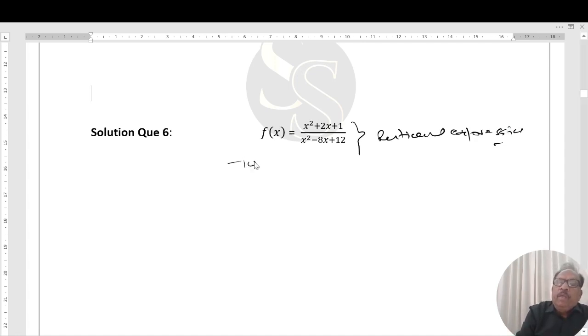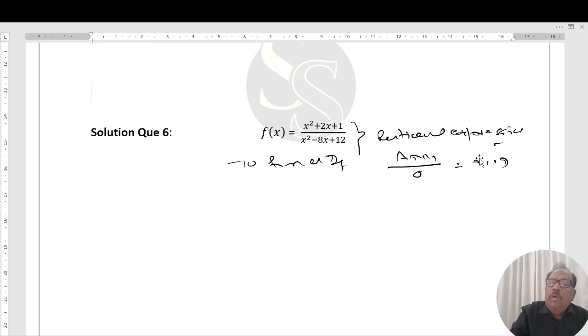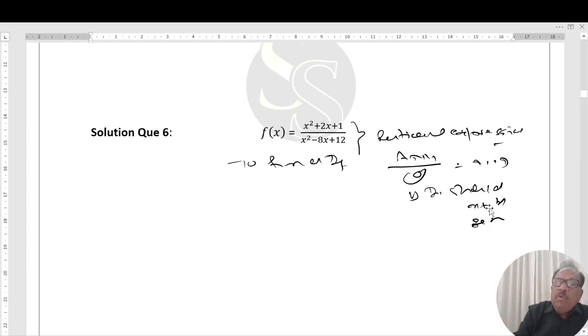To find the domain, we know any number divided by 0 is not defined, which means the denominator should not be equal to 0. To find the domain, find the values of x for which the denominator becomes 0.